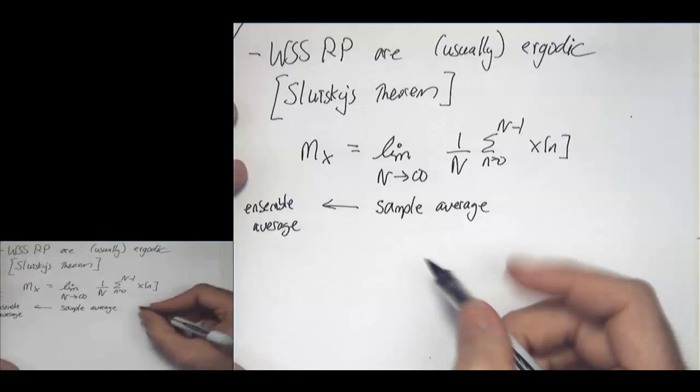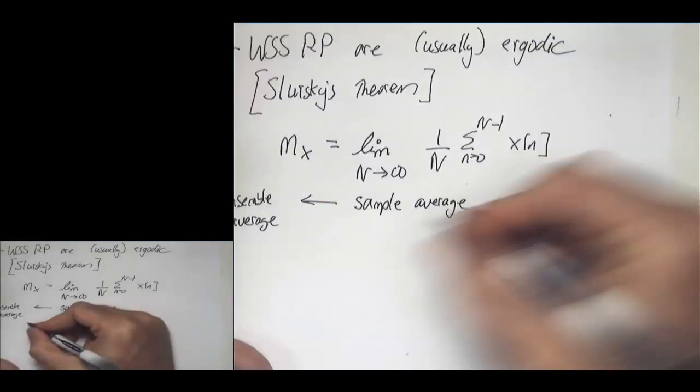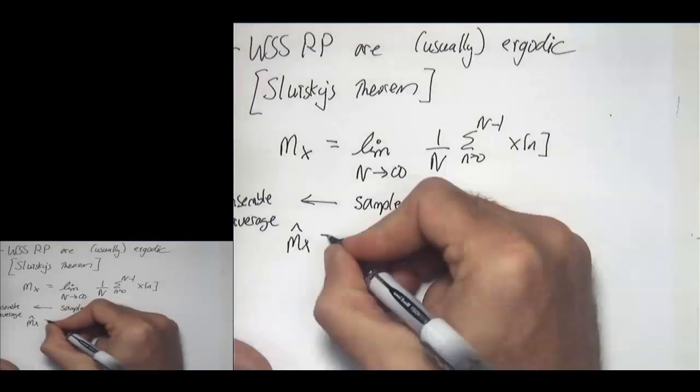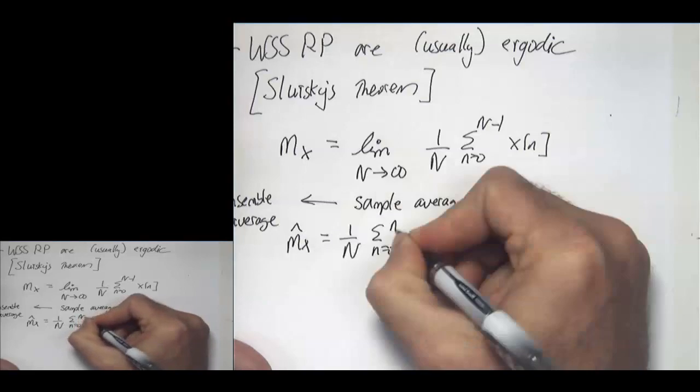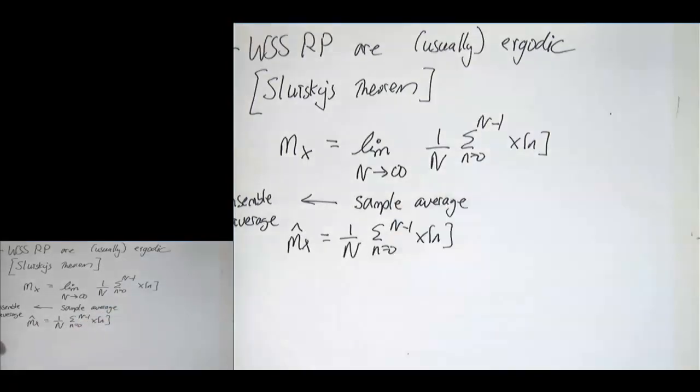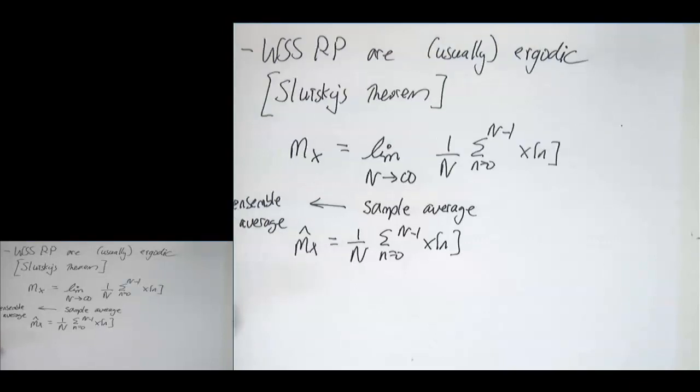So mx hat, our estimate of the mean, will be 1 over n, sum from n equals 0 to n minus 1, x of n. Presumably, n would have to be reasonably big to get a good estimate.